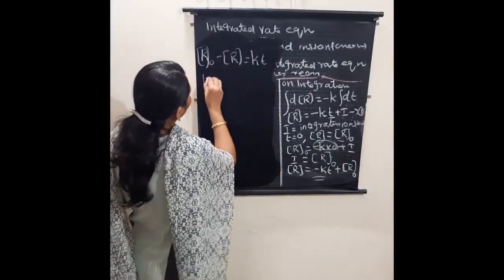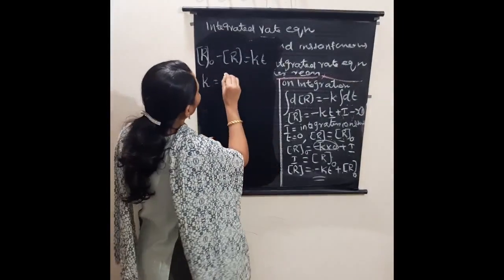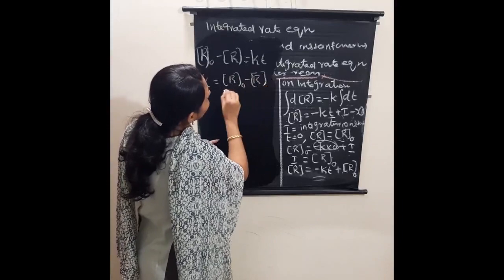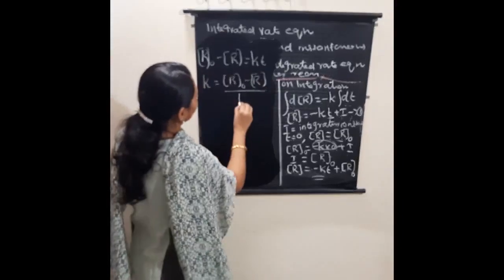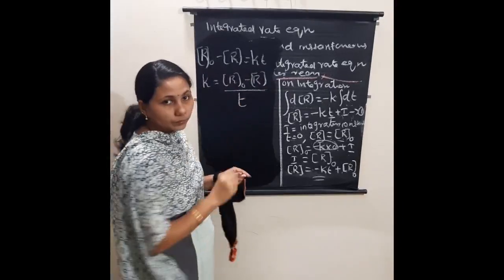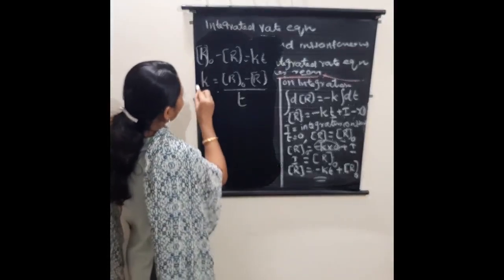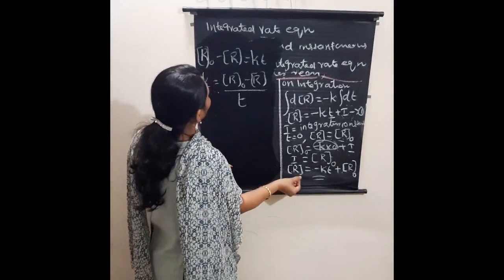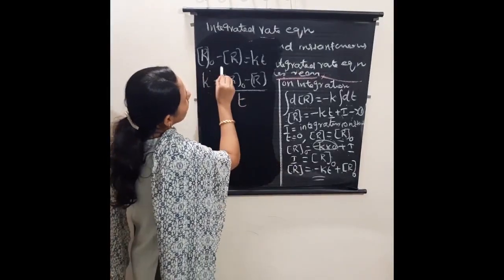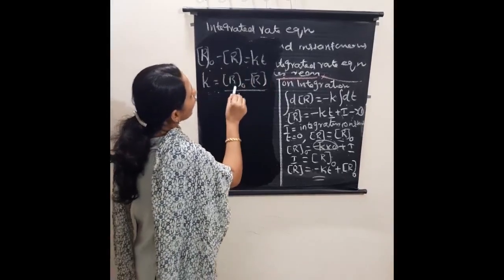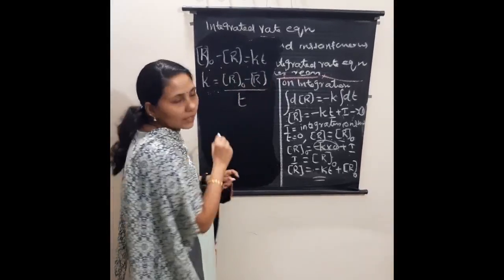So how will we write the k? Just rearranging this equation, R0 minus R equal to kt, so k equal to R0 minus R divided by t.